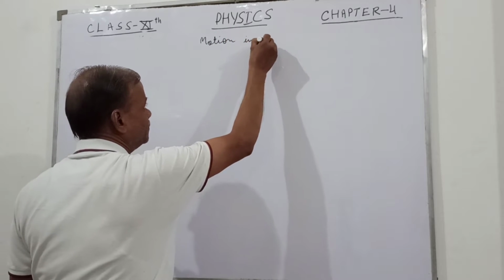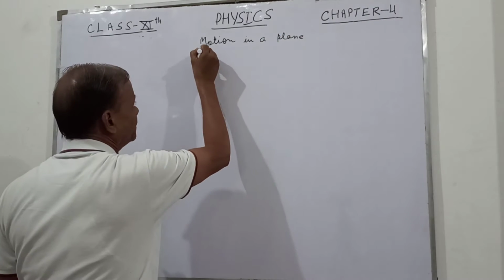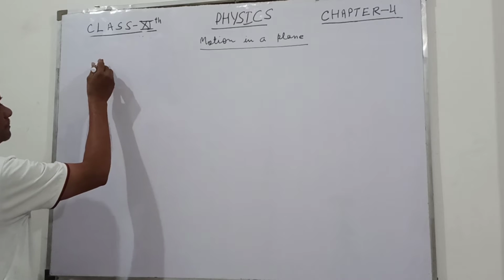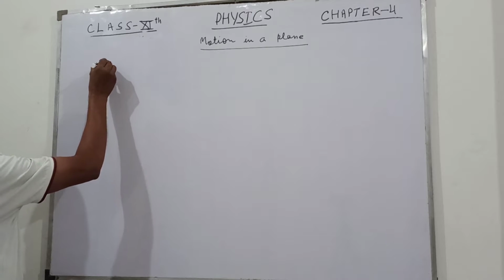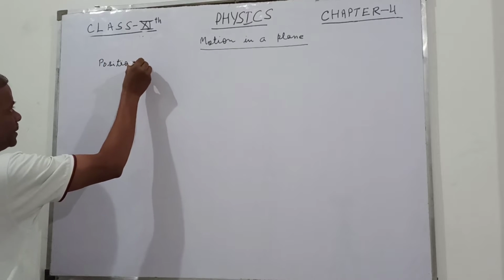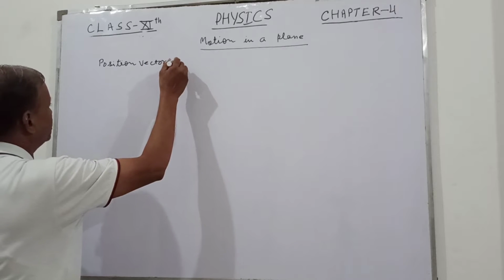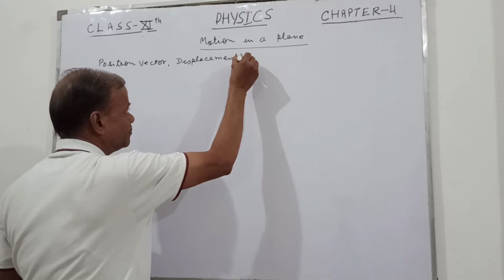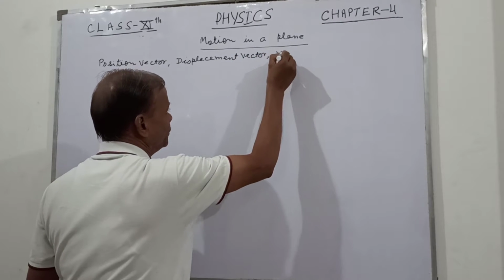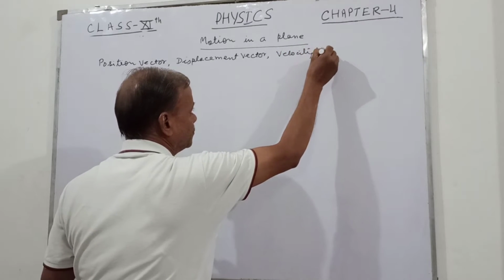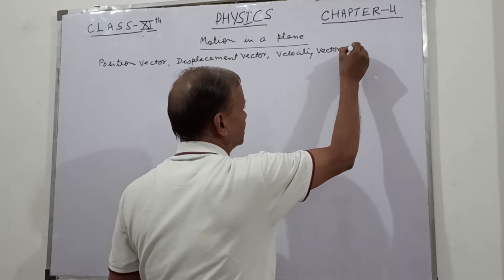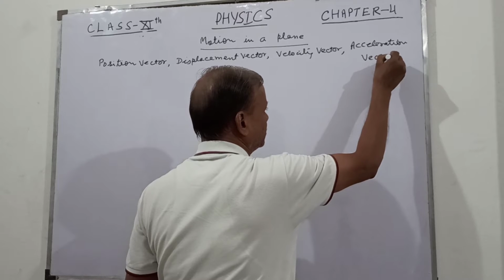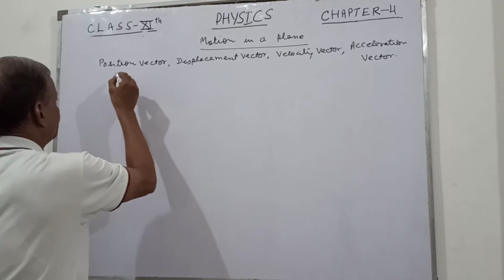This is the name of the chapter, and the topics that we are taking here are the position vector, the displacement vector, the velocity vector, and the acceleration vector. This is the topic.